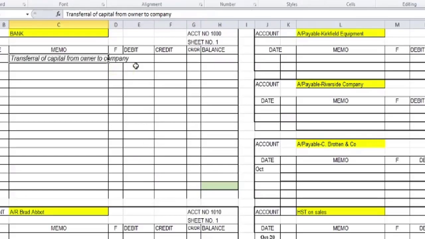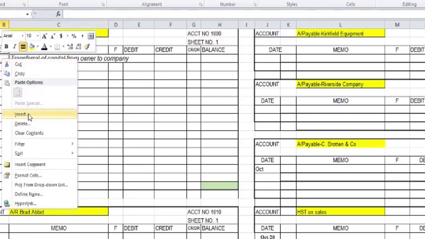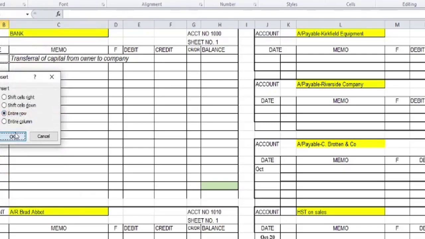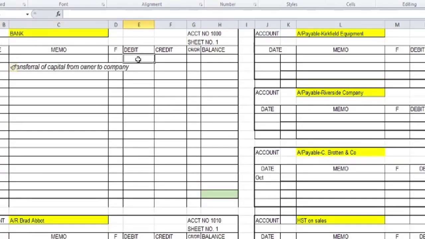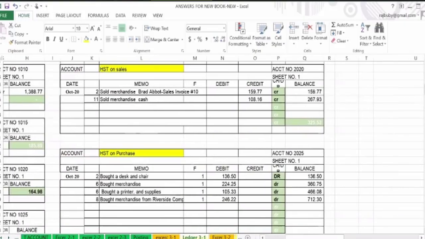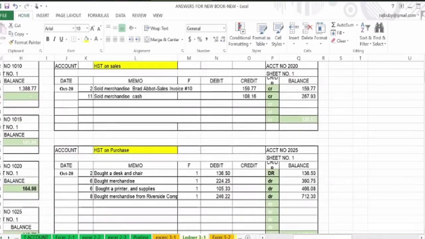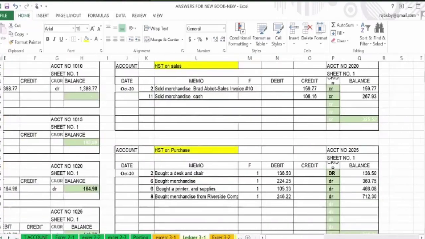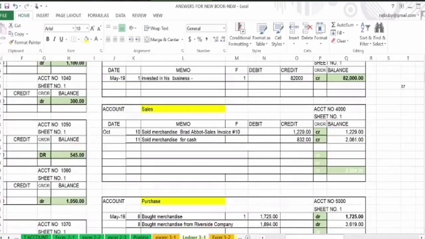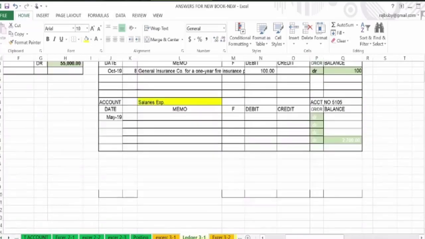And then you have to go to capital. When you see the ledger, the first portion is assets. The second portion you have liabilities and purchase, HST, and those things. The third portion is some of the expenses. And in the second portion, you can see capital.